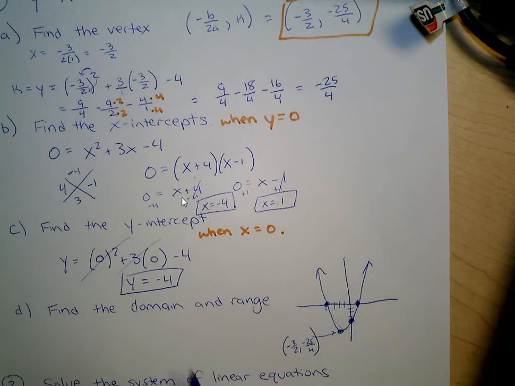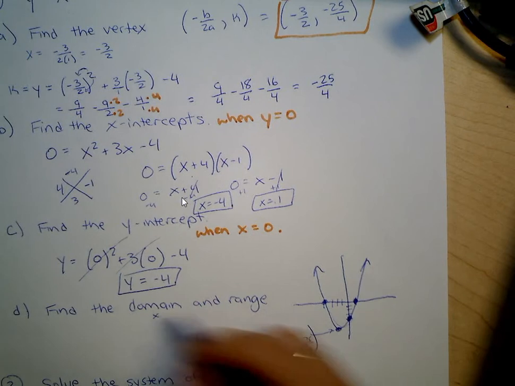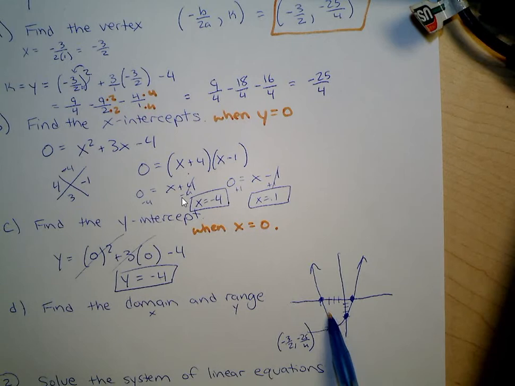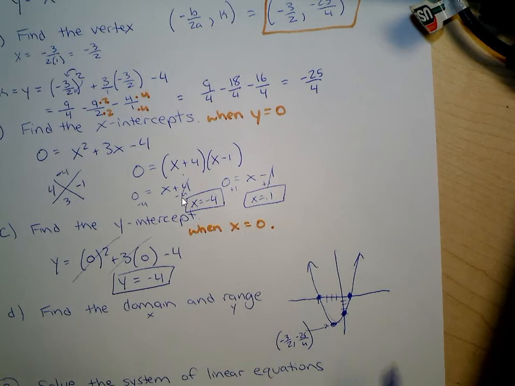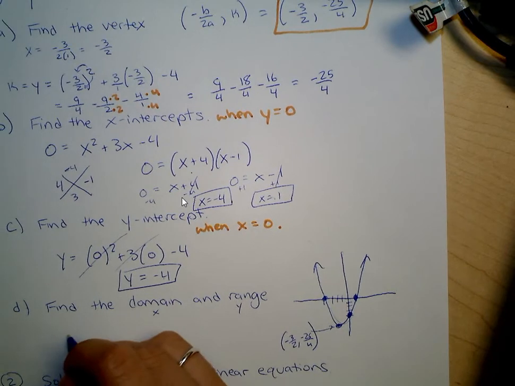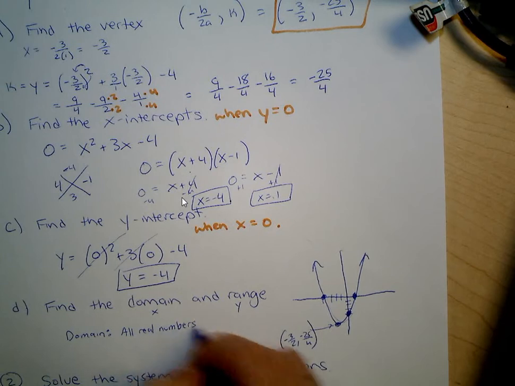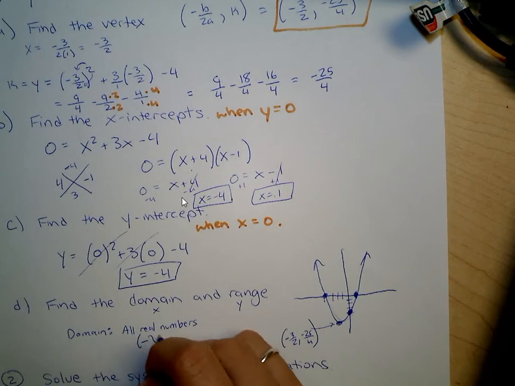So this lowest point was negative 3/2, comma, negative 25/4. So the domain, we're talking about x values. Range, we're talking about y. My x values, because my arrow is going off to the left to infinity and my arrow is going off to the right into infinity, that means the domain is equal to all real numbers. Or you could write this as negative infinity to infinity.